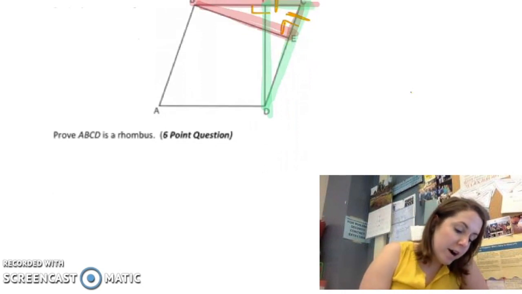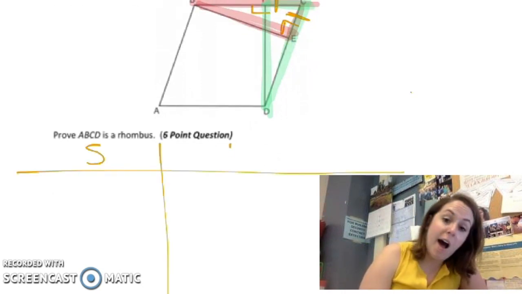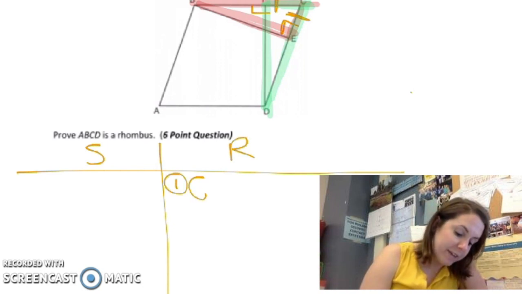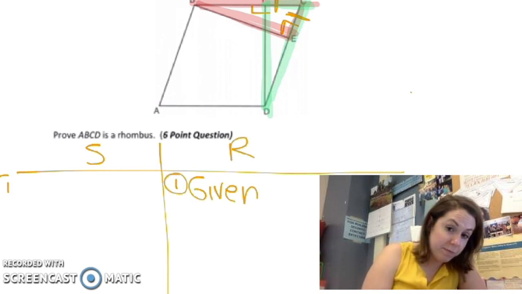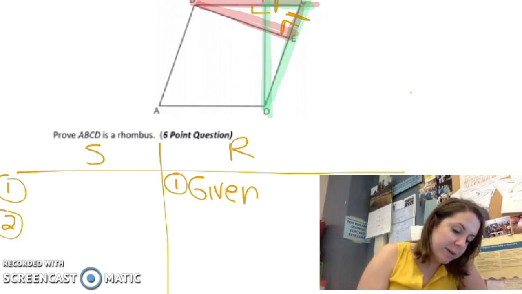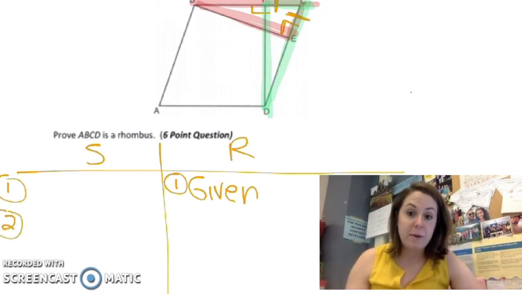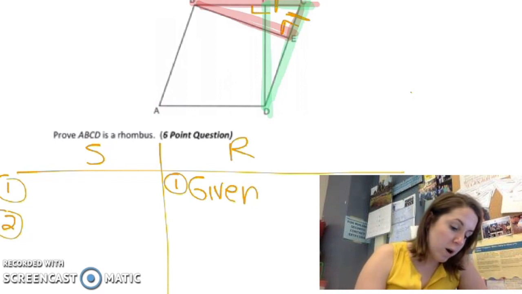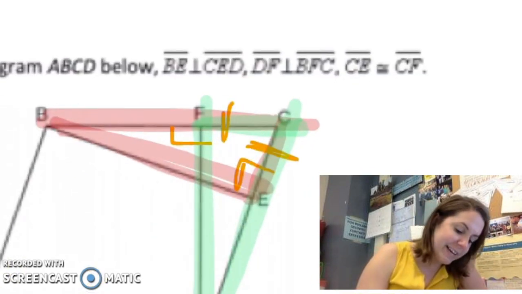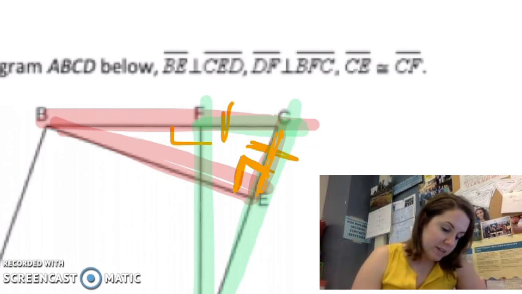Okay. So let's start with what we know. So statement and reason. Again, on the Regents, you will rewrite your whole given, but I am not for the sake of time here. Okay. So I'm going to start with this. Perpendicular will give me right angles, right? So perpendicular will give me right angles. I see here that I have this side already. I can get this.